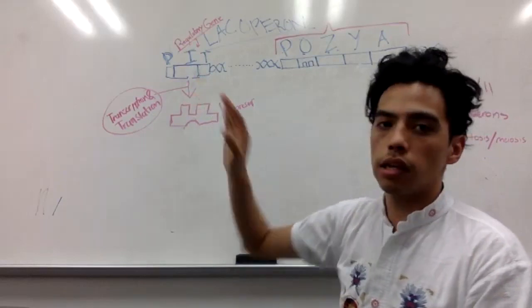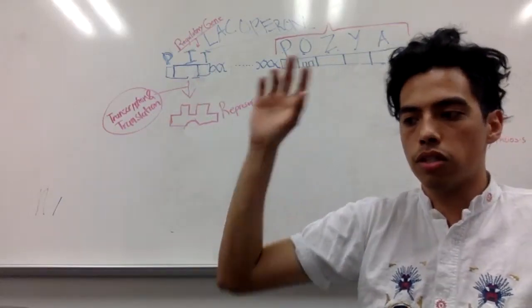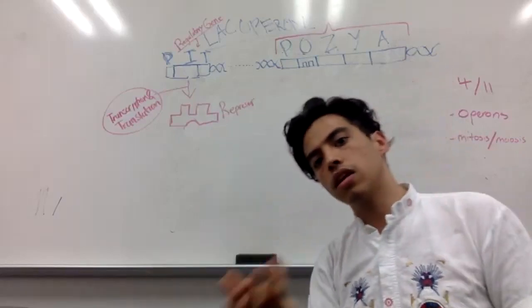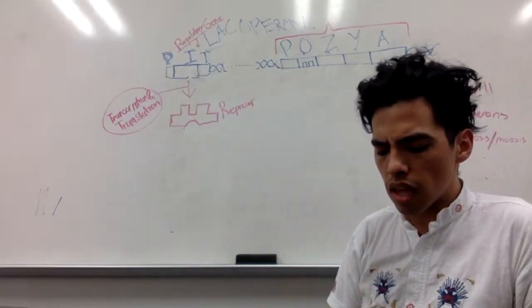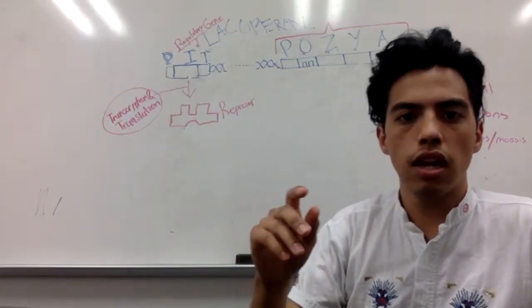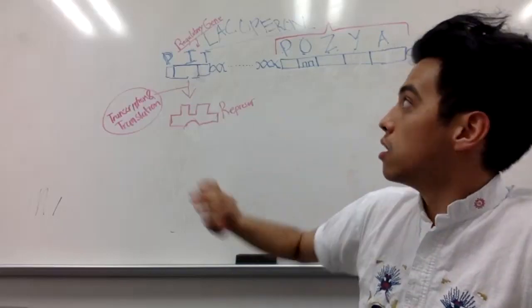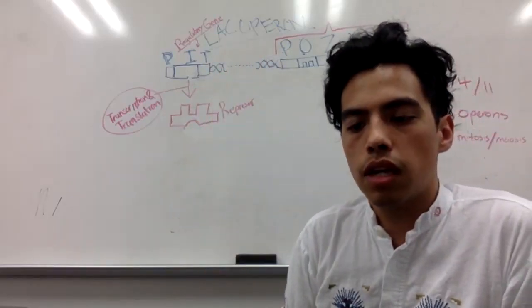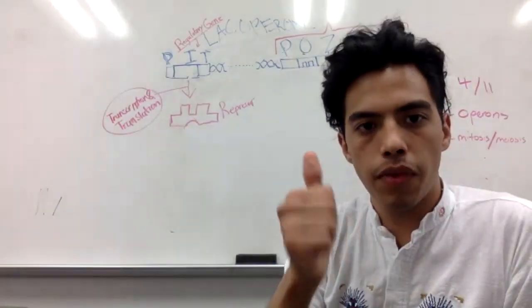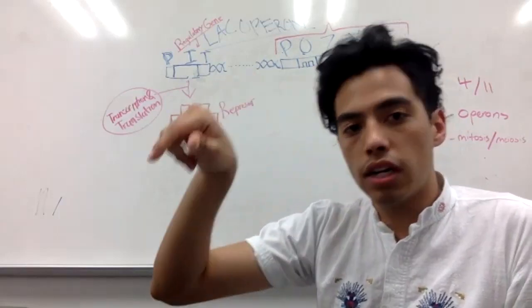When I say codes for, I mean it has the genetic material that, once it's transcribed and then translated into a protein, creates this repressor that you see here. Actually, let's take a step back. The lac operon, like I mentioned in the beginning, has to do with lactose, and it's a bunch of genes that deal with the actual breakdown of lactose.